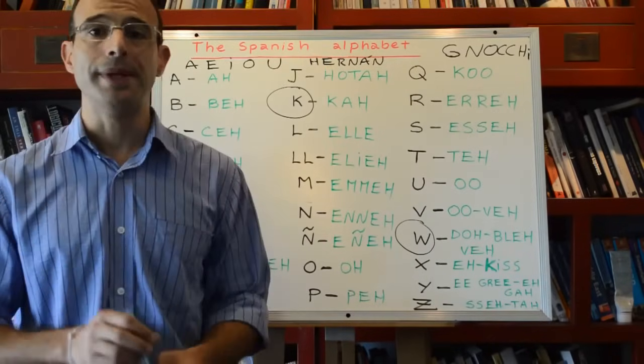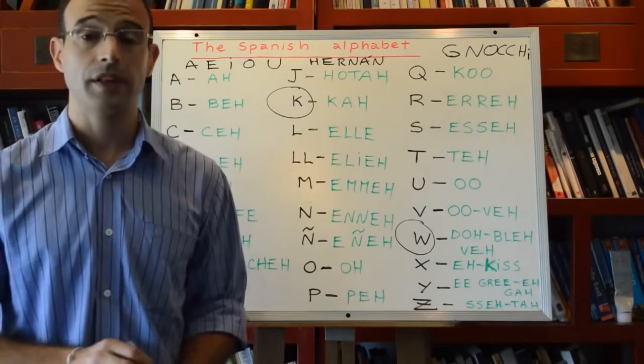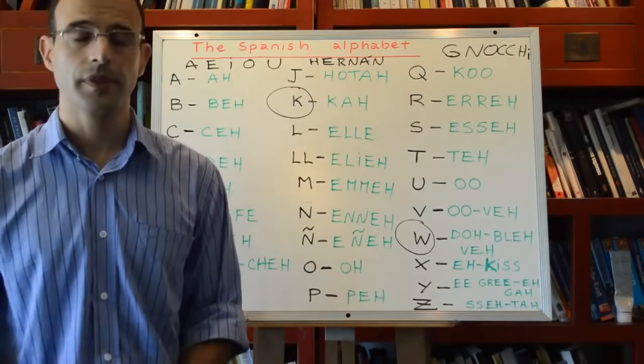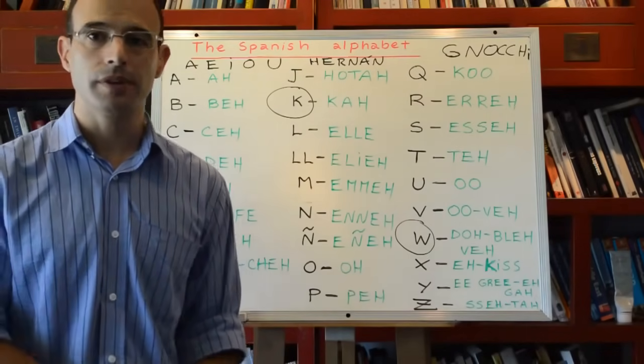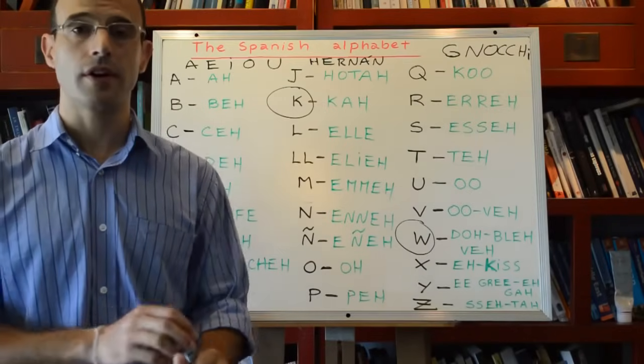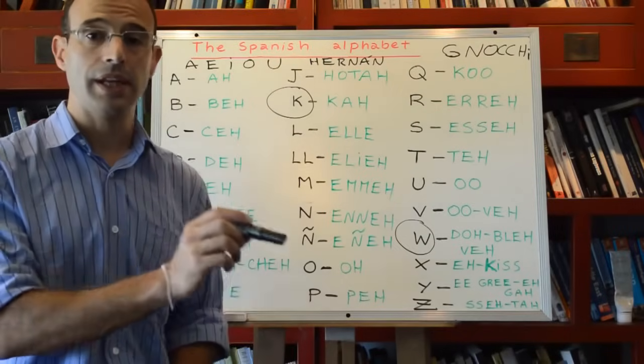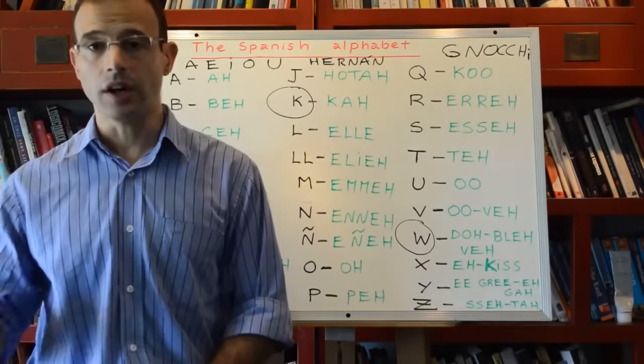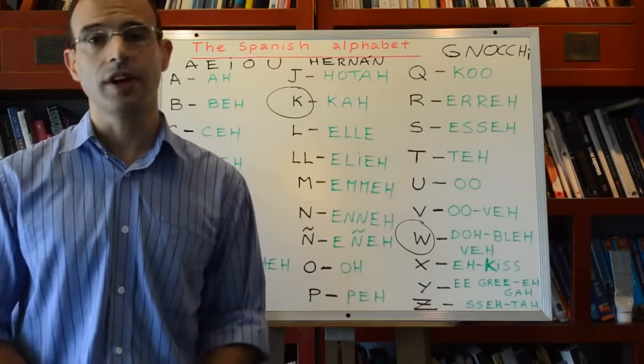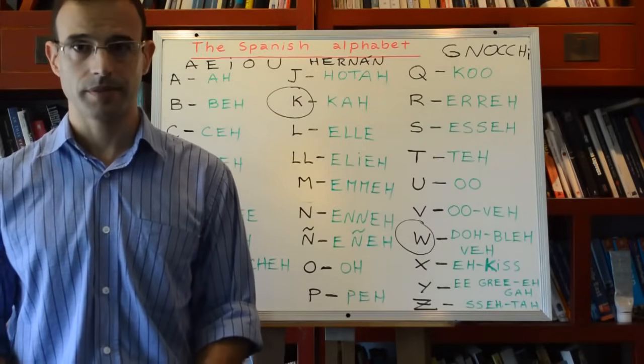When the R is at the beginning of a word, it is the hard R. When the R is doubled, it is the hard R. But when the R is not at the beginning of the word and is not doubled, it is a soft R, okay?